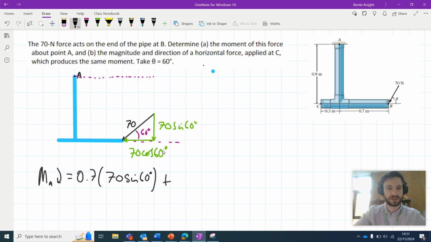Plus, for our horizontal component, that would be acting this distance away from point A, and from our diagram we can see this is 0.9. So we can say plus 0.9 times 70 cos 60.